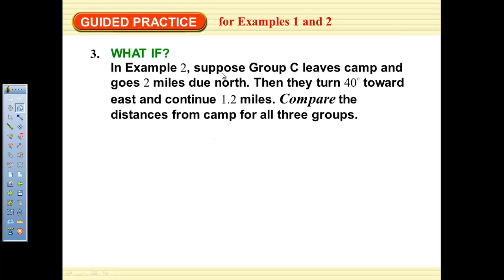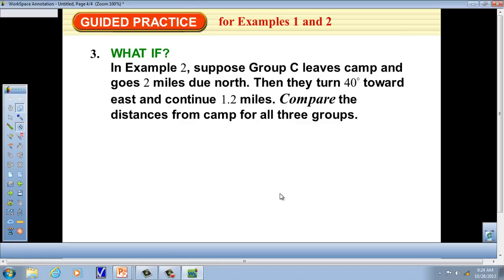And in this other one, it says group C goes 2 miles north, then they turn and go 40 degrees east and continue 1.2 miles. For that one, let's take a look at what that would look like.